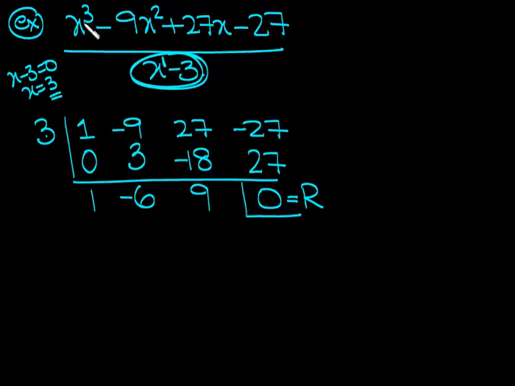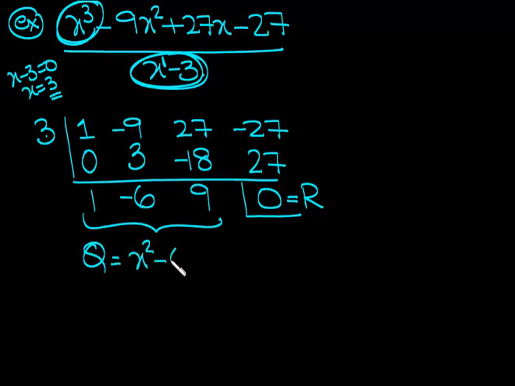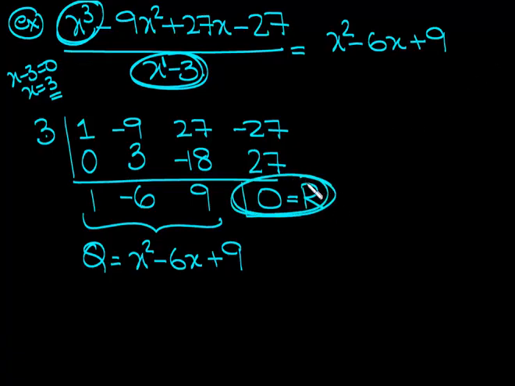So since we started with a degree 3 polynomial on the top here, these are the coefficients of a degree 2 polynomial. So my quotient is x squared minus 6x plus 9. Okay, so I can rewrite this as x squared minus 6x plus 9. I don't need to write anything else because the remainder was 0.